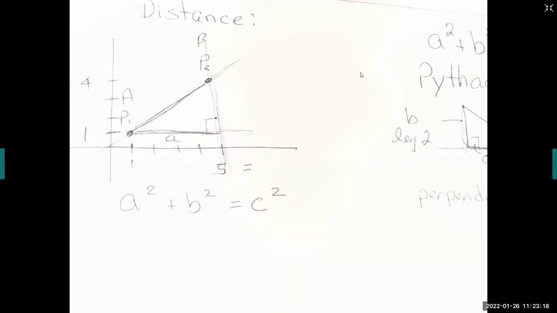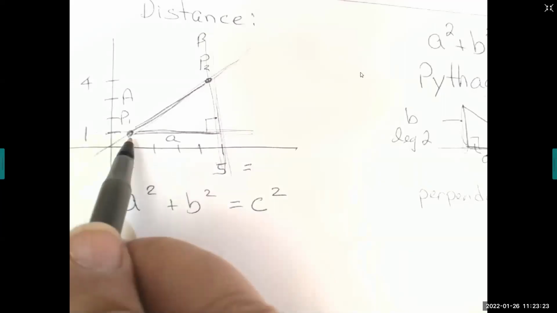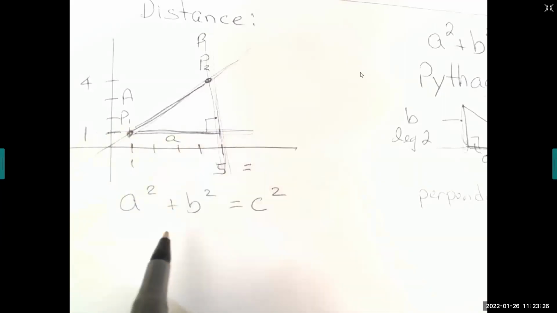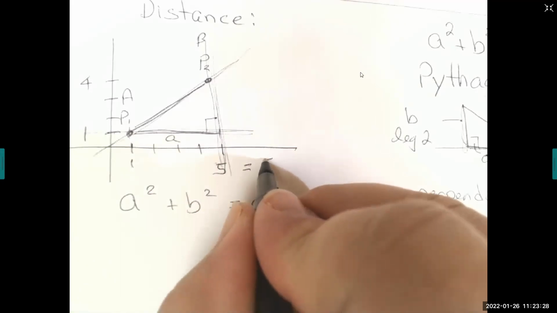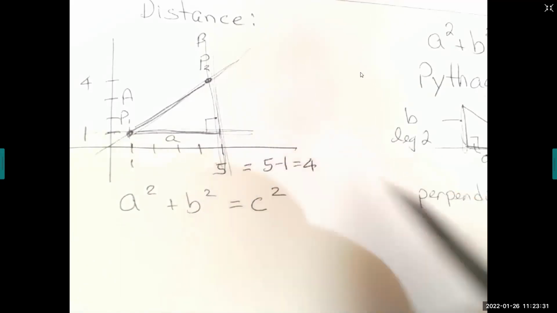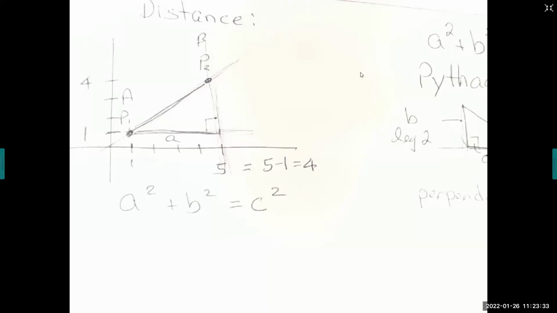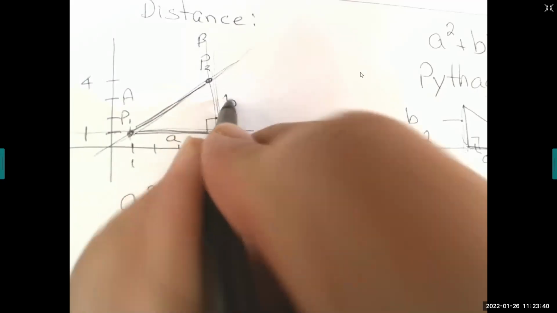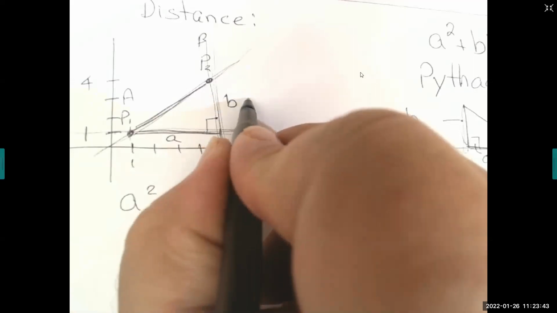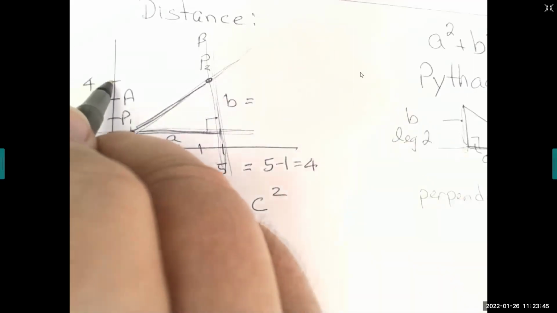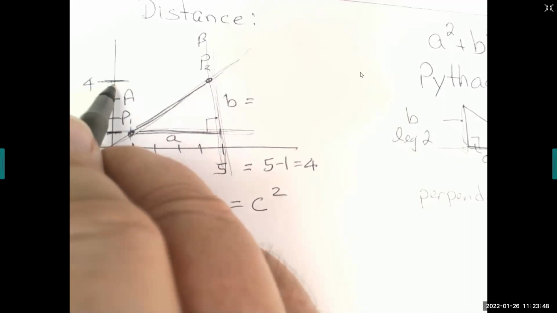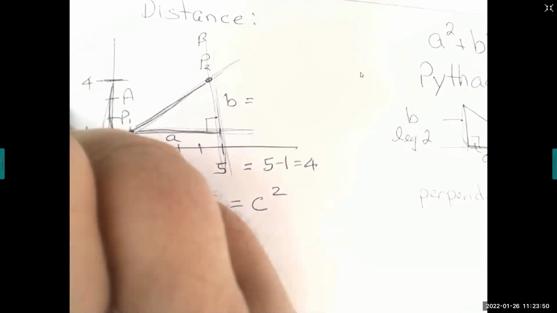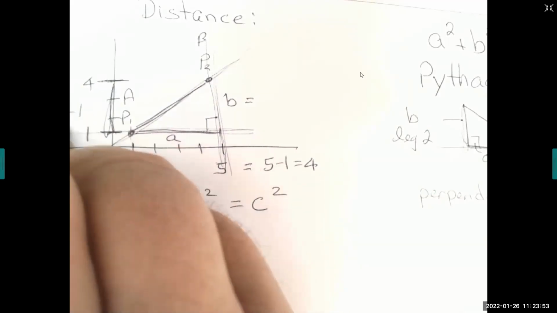Did we learn a formula for that? Yes, we did last time. In other words, what's the distance from this point to that point? 5 minus 1 is 4. And this is side B. It's the distance from 1 to 4. 4 minus 1 equals 3.